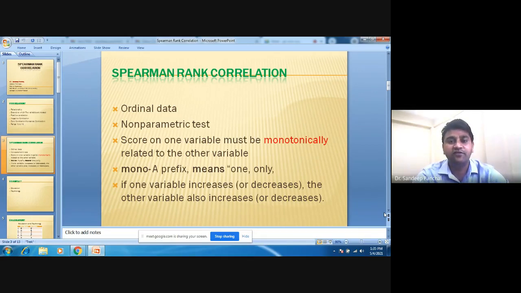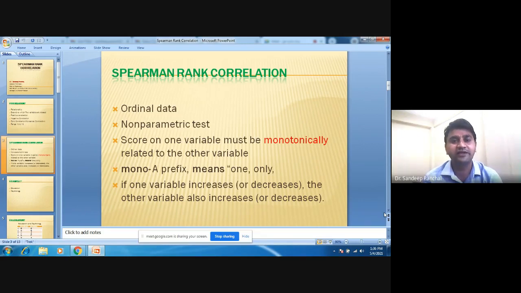So it can be applied to data related to orders and ranks, where we can observe that one score is higher or lower than the others. In that case, we can apply the Spearman rank correlation.